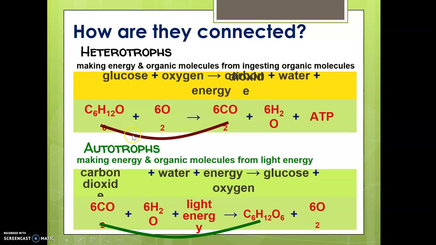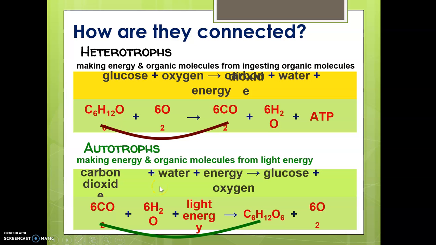We as humans breathe in oxygen and we eat food to live. So we breathe in the oxygen here and we eat food, which is glucose here. Then we convert that by breathing out carbon dioxide and water and making energy from breaking down that glucose.